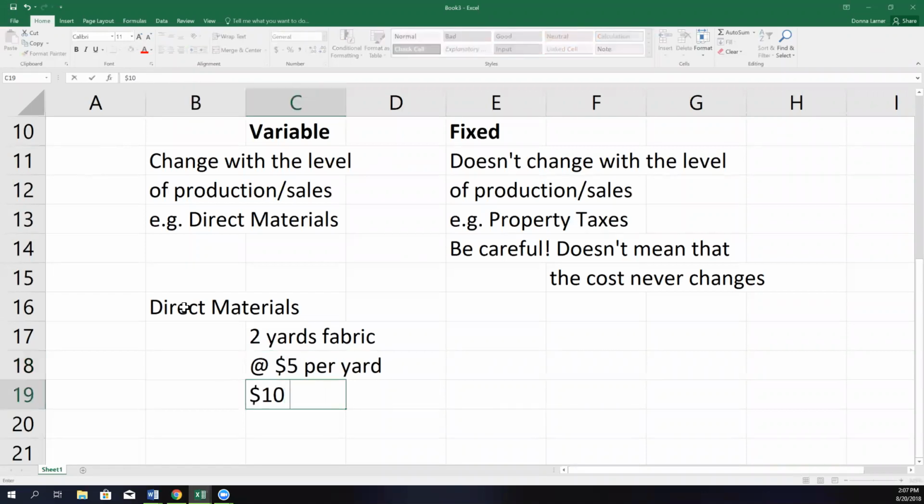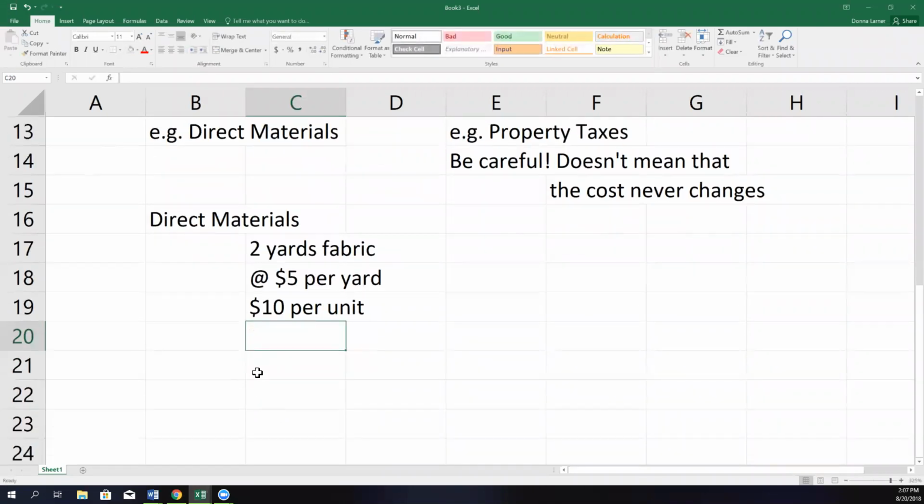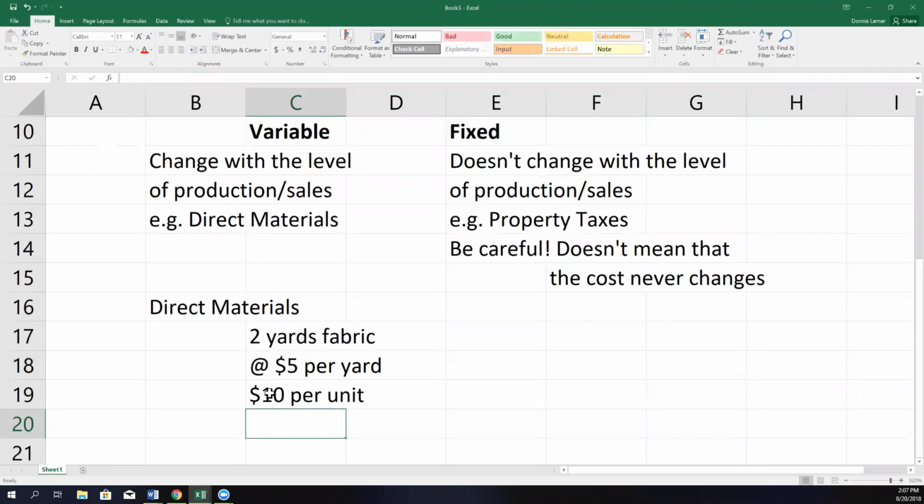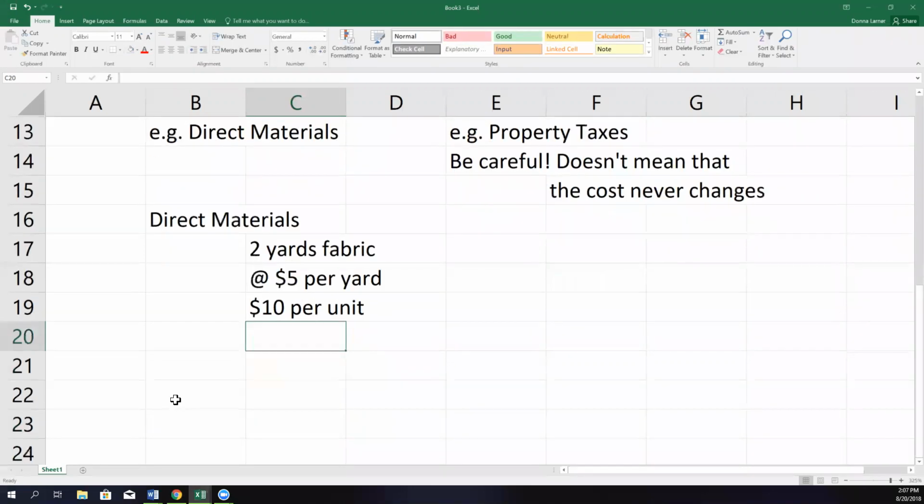So we would say it's $10 per unit, per product that we make. We always call them units. It's kind of a weird word, but every one of the products that we make takes 2 yards of fabric at $5 a yard, so it takes $10 in direct materials. Let's say that's the only direct material. The direct materials cost is going to be $10 per unit no matter how many we make.